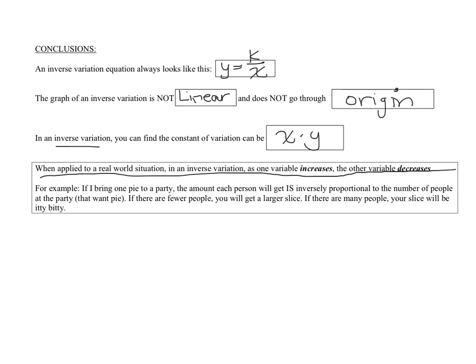If there are many people, your slice will be itty bitty, which you might find happens on Pie Day when only one person remembers to bring pie. Then we have to split it 25 different ways, and so everybody has this little sliver of pie. But if lots of people bring pie on Pie Day, then you'll be able to have a bigger piece.